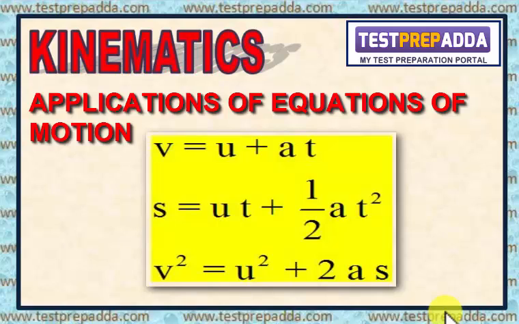Here U is initial velocity, V is velocity at time t, A is constant acceleration, T is time taken, and S is displacement of the particle.